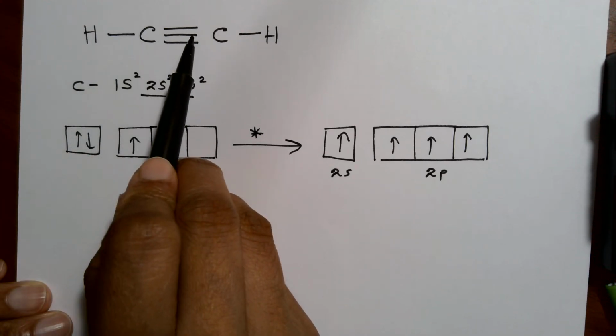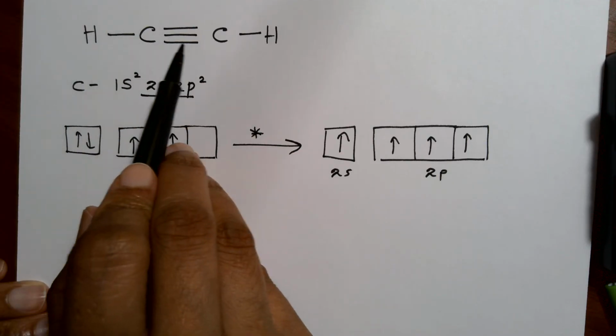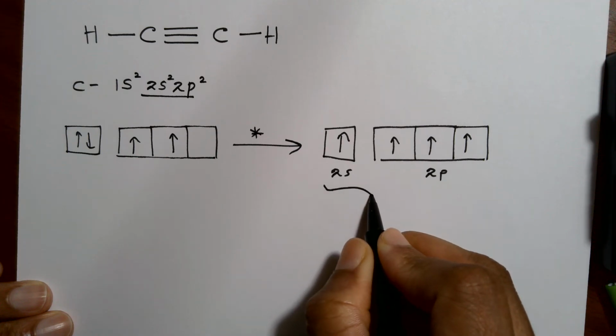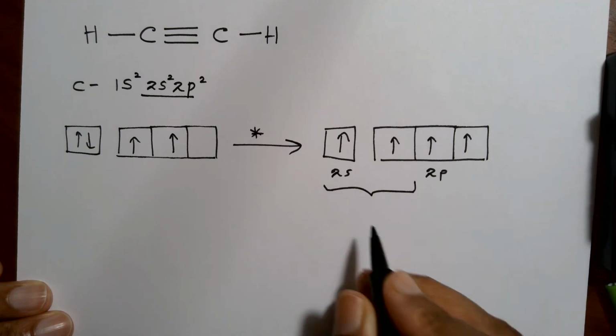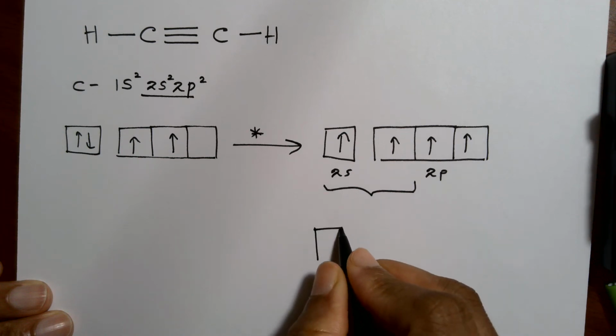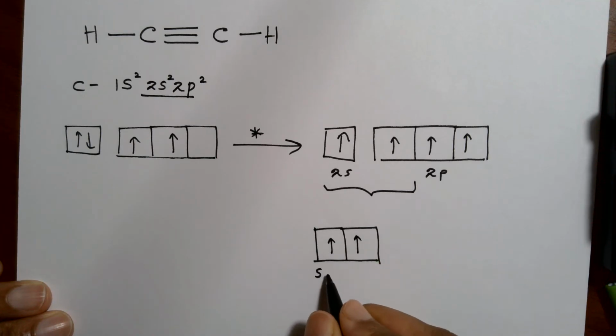This is one side connection, and to this carbon this is another side connection. Only 2 connections. So let's mix only 2 atomic orbitals, 2s and one 2p, to make 2 sp hybridized orbitals. Each sp hybridized orbital has one single electron.